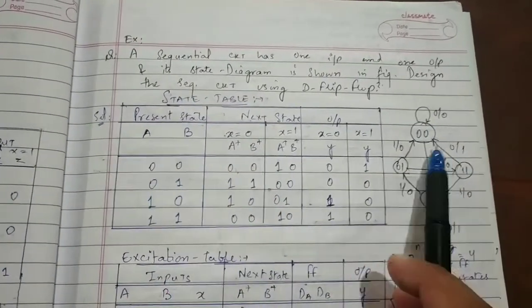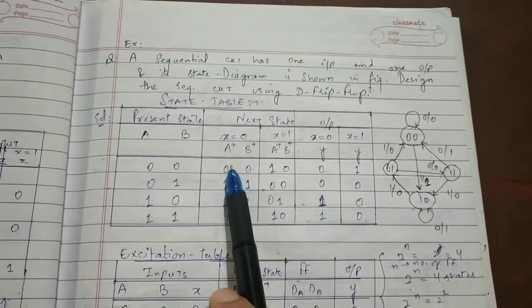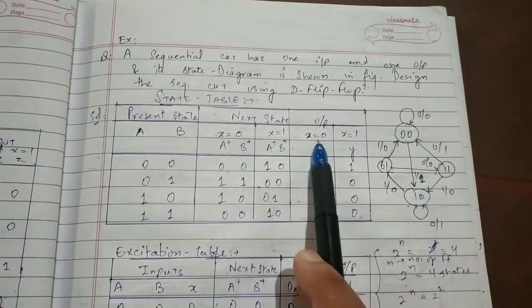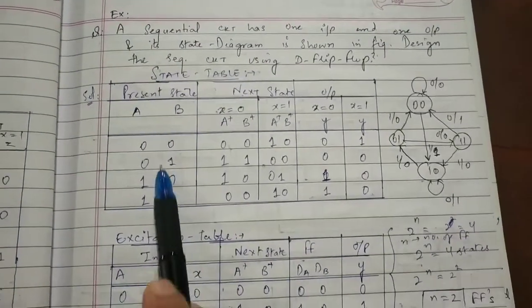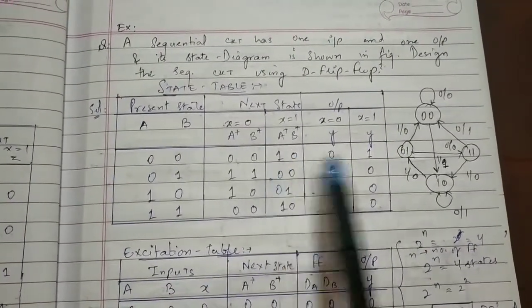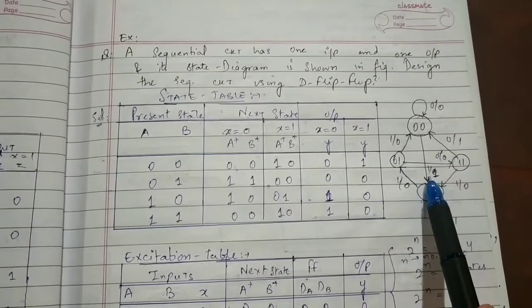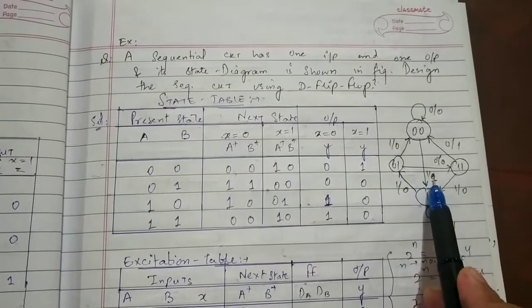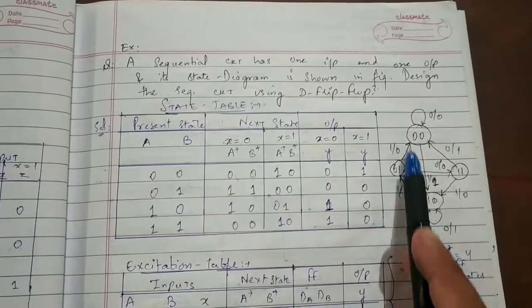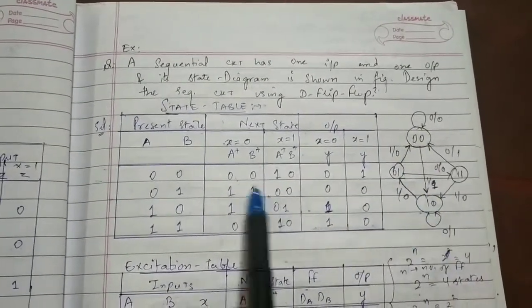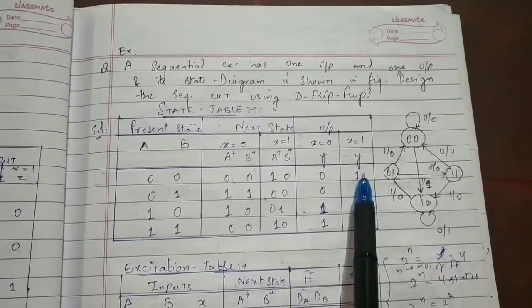Next, when the present state is 00, the next state is 10 when input x is equal to 1, and output y is equal to 1.